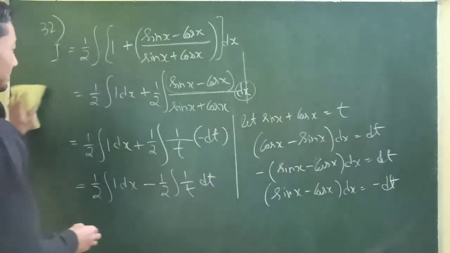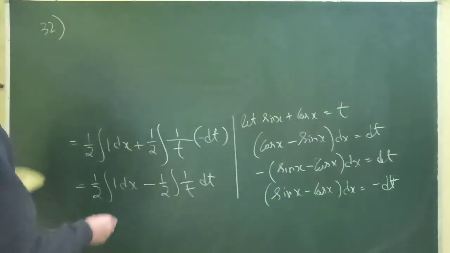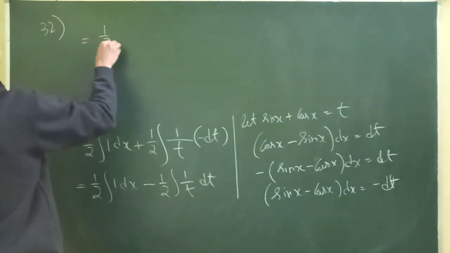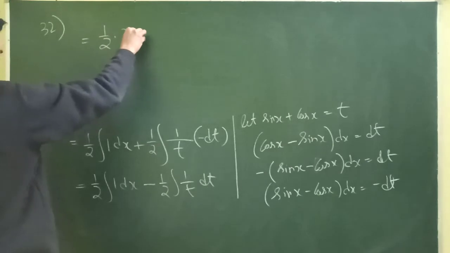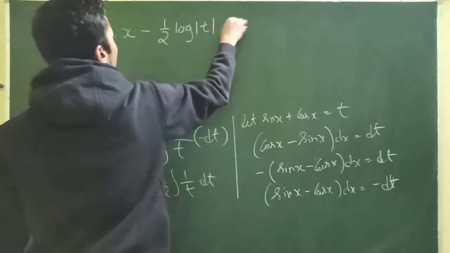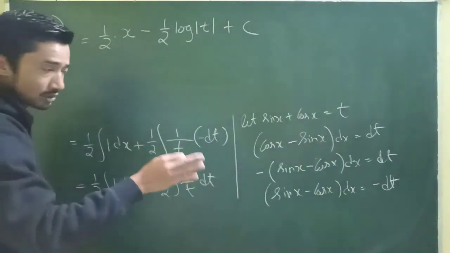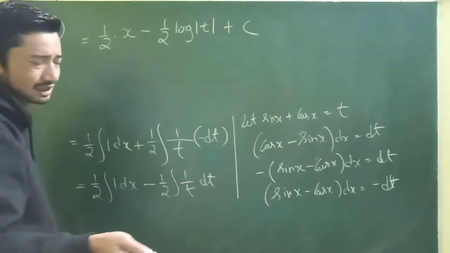Okay, I'll rub it off. You have to be patient, systematic, arranged orderly. So 1, that is x, minus 1 by 2, 1 by t, is log of t plus c. We can take I1 and I2 and solve them separately also, but I think that's fine, just to save some time.